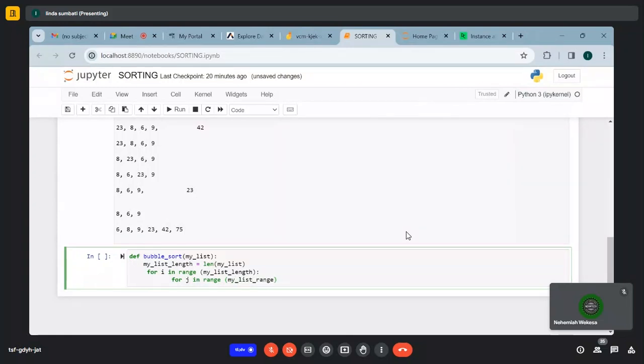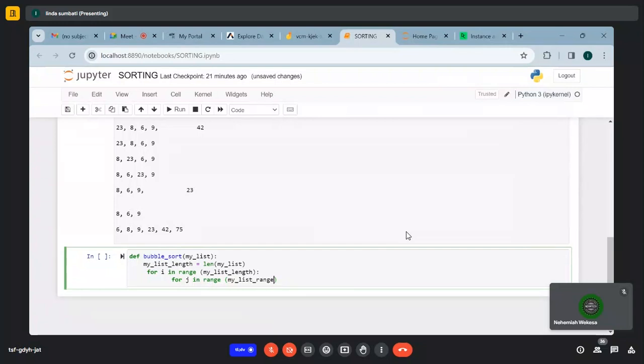You see? Because on each iteration, the inner loop will iterate as many times as the length of the list, and J will be going through that range and comparing the numbers that are in that list.